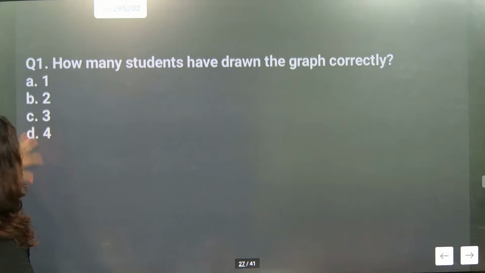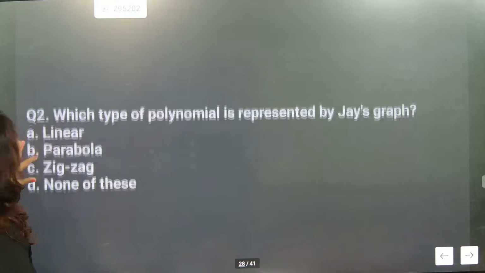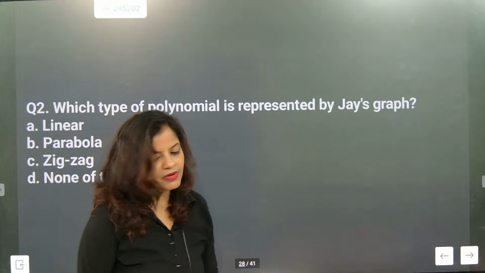Next one. Which type of polynomial is represented by Jay's graph?